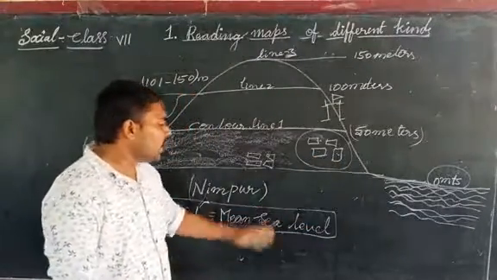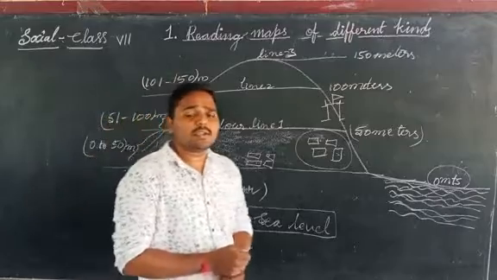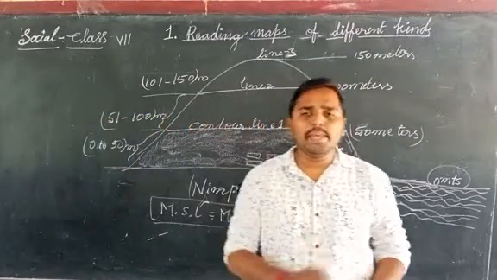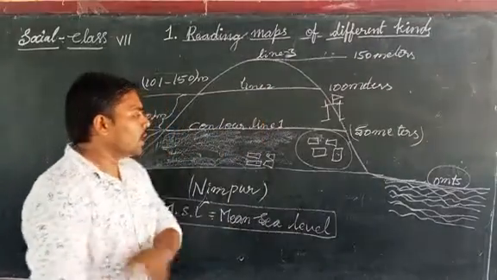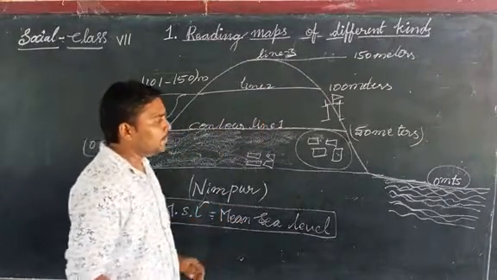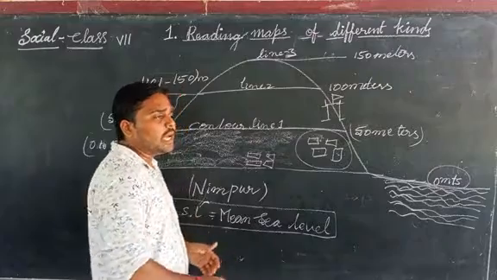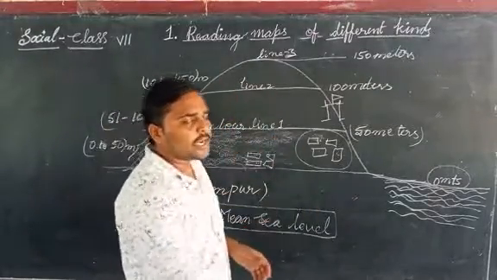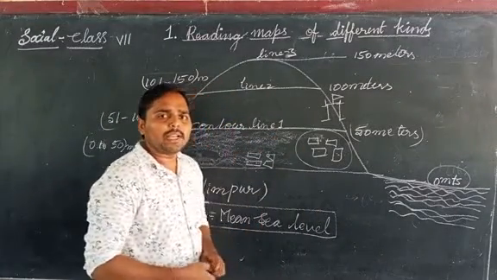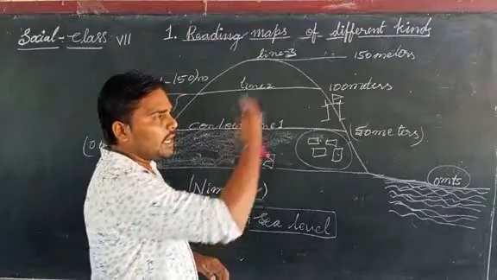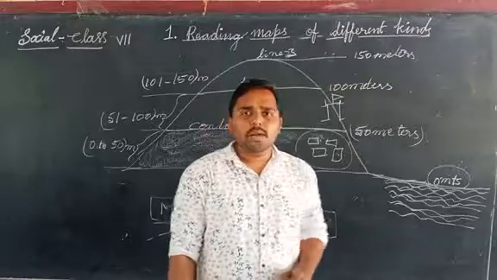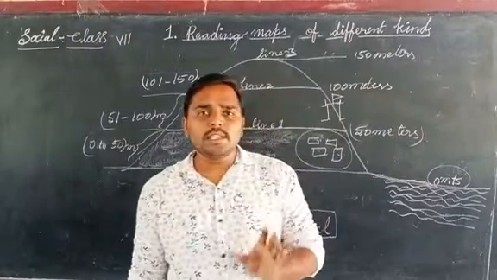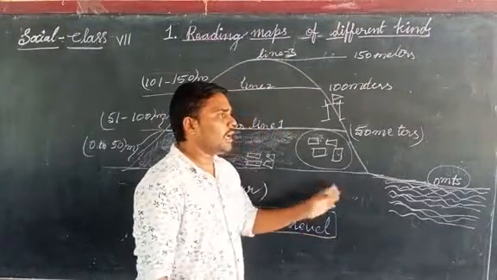To resolve this problem, our scientists observe over a period of time. They take the mean average height of the high tides and low tides over that period, and this is considered as the mean sea level height.